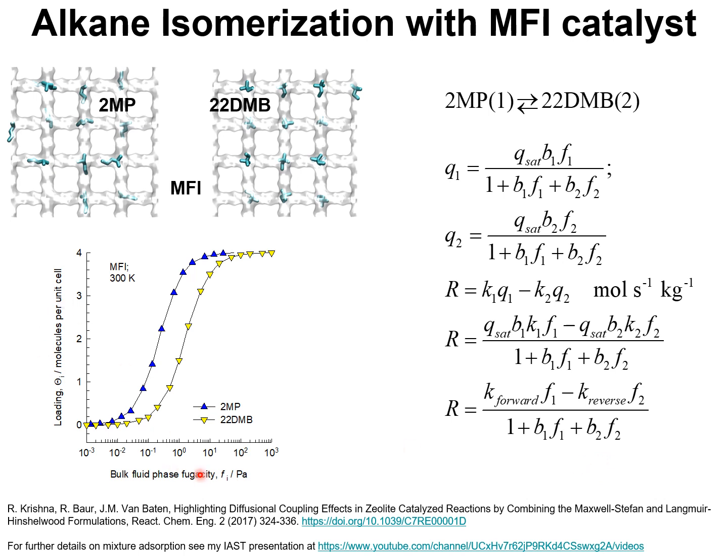This derivation makes it clear that the Langmuir-Hinshelwood kinetic expressions that are commonly used are applicable, say in this case, for binary mixture adsorption, where the components 1 and 2 have equal saturation capacities, and the expression derived in the previous slide for binary mixture adsorption is valid.